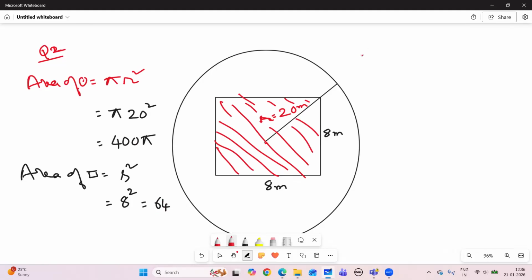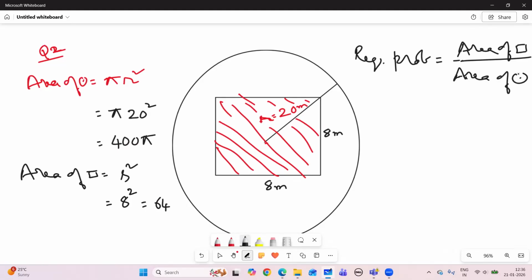So required probability becomes area of square by area of circle. Okay, this is area of circle.